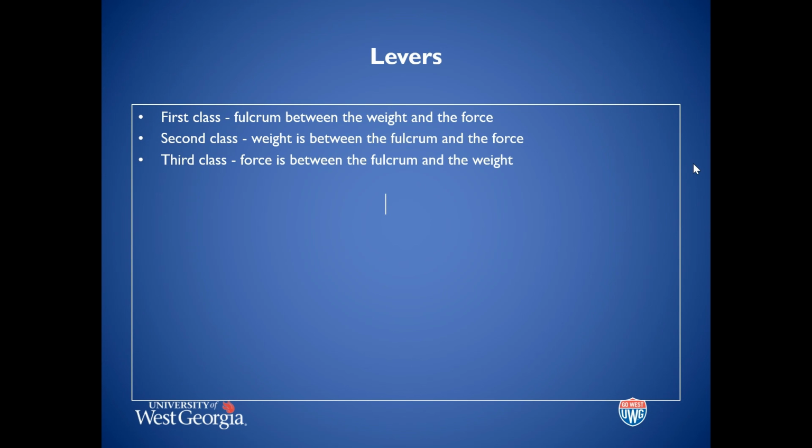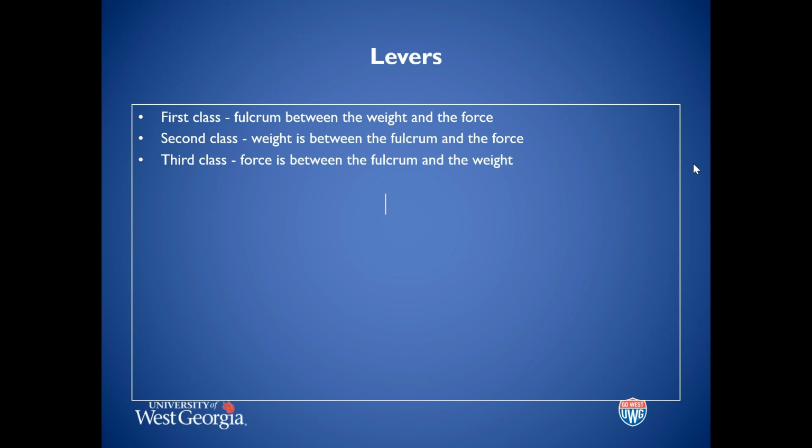And a lot of times if you see a crane that is trying to stand up, let's say a telephone pole, this is how that particular lever works. The base of the telephone pole is sitting against the ground, almost in the hole. The crane picks up the pole somewhere across the pole, like maybe in the middle, and then most of the weight is on the outside of the pole. And so they're picking up from the center, trying to pick the weight up so that the pole stands upright.